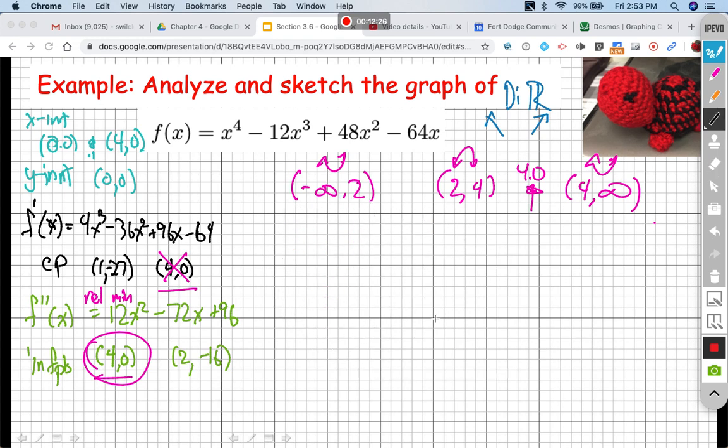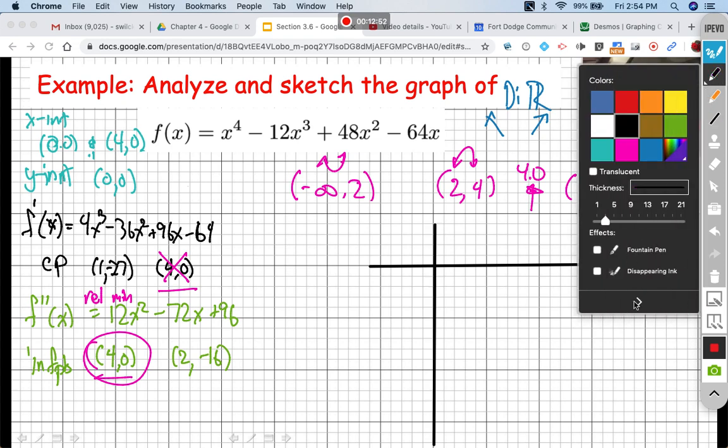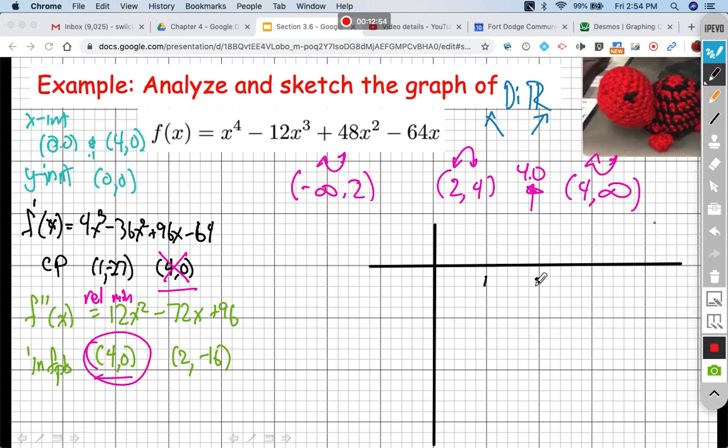I need to see the points 0, I need to see 4, I need to see 2, I need to see 1. So I can pretty much stretch this out on the x-axis. So I'll go 1, 2, 3, 4.